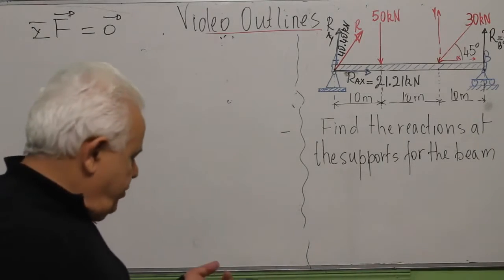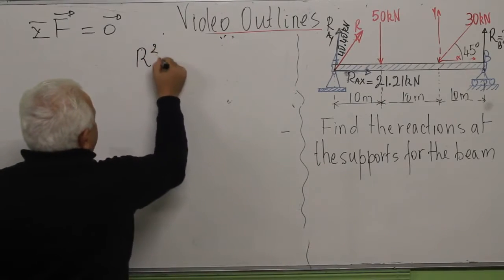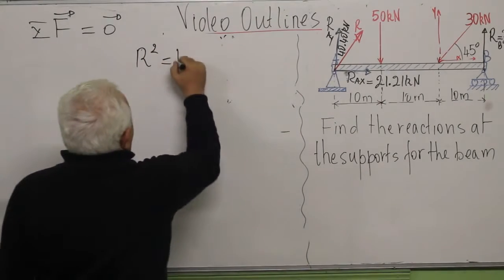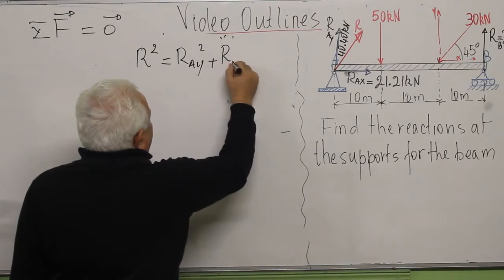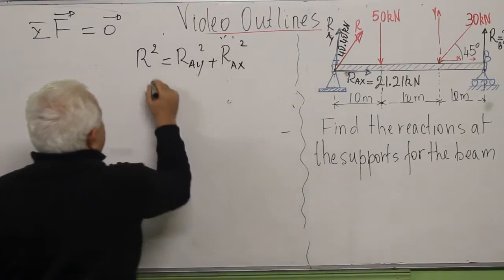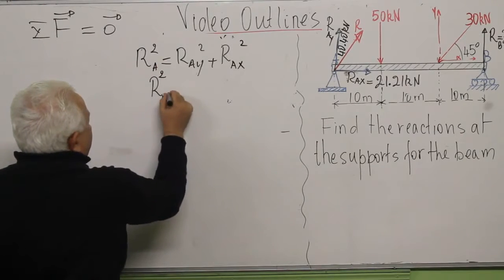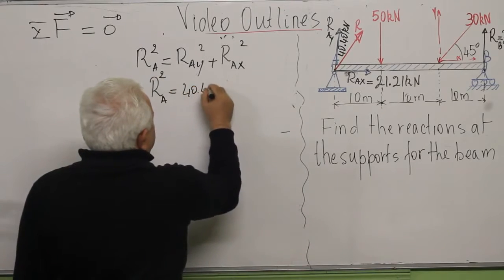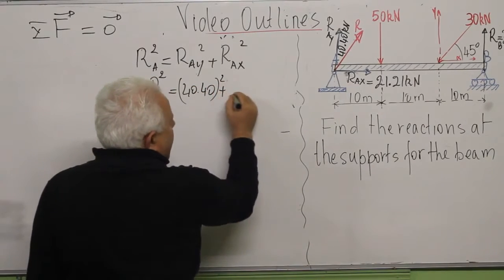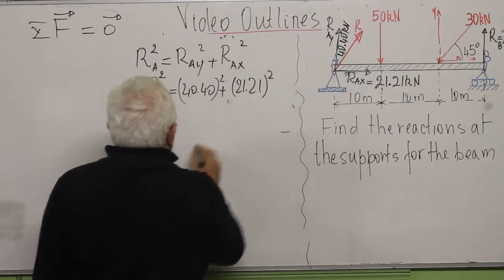I have just to use Pythagoras theorem, and R squared equals RAY squared plus RAX squared. R at A, of course, squared equals 40 squared plus 21 squared.